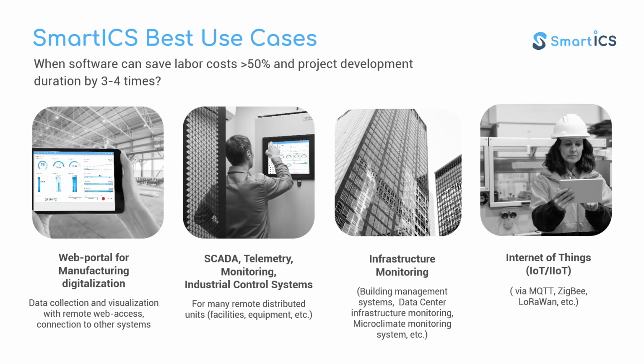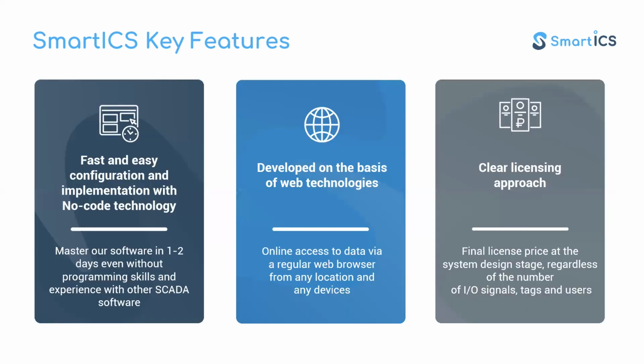Of course, SmartICS can be used as a standard SCADA, telemetry, and monitoring solution for gathering data and controlling parameters remotely. Building management systems and building automation systems as part of infrastructure monitoring is also one interesting direction where SmartICS is used more and more frequently, as well as the Internet of Things and the industrial IoT gathering more and more traction over the last couple years, right?